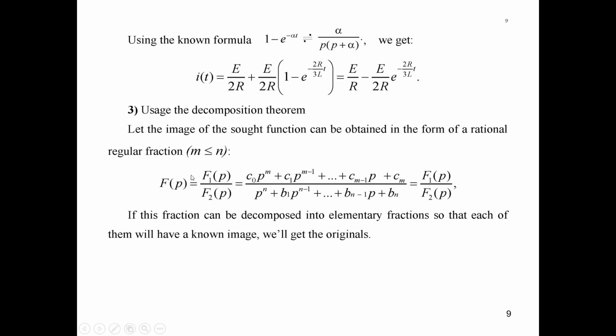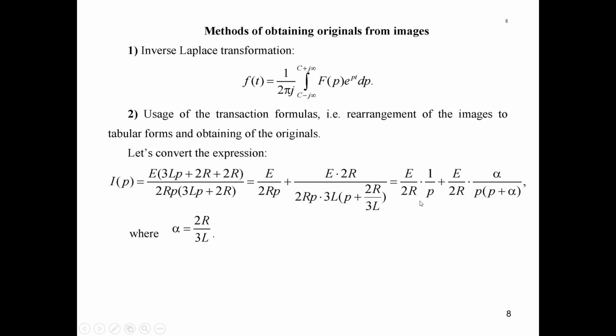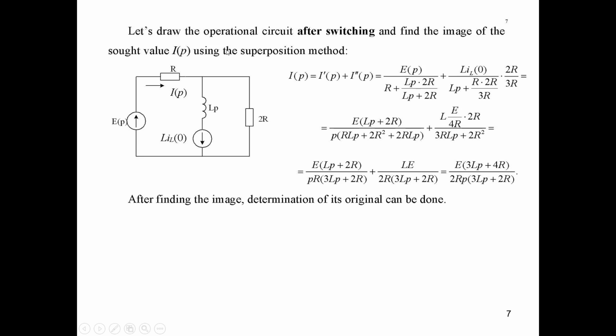And we present such a function in such a way where phi1 from p is the numerator and phi2 from p is the denominator. You see, in our example we have presented the function, it is I from p, as a ratio between a polynomial function in the numerator and a polynomial function in the denominator.